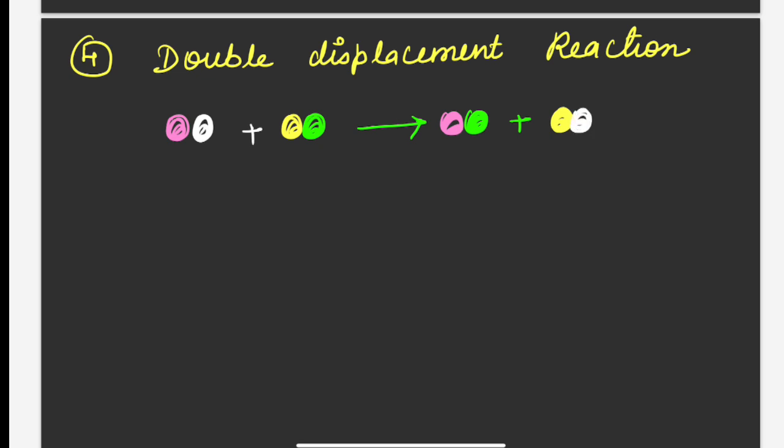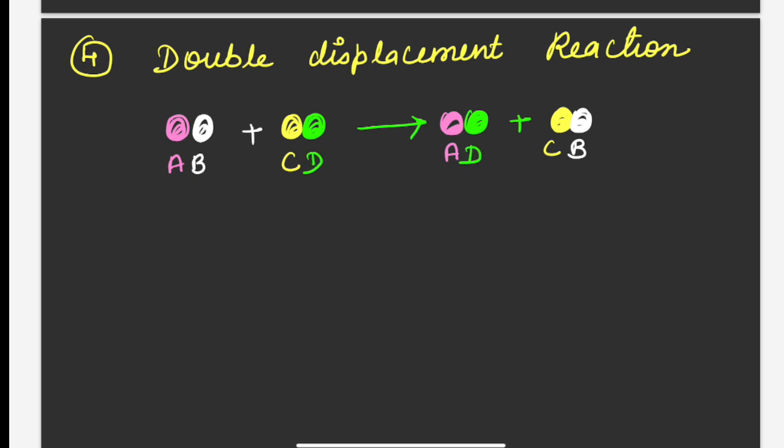This is the product which is obtained. So here this is A and this is B, this is C, and this is D.